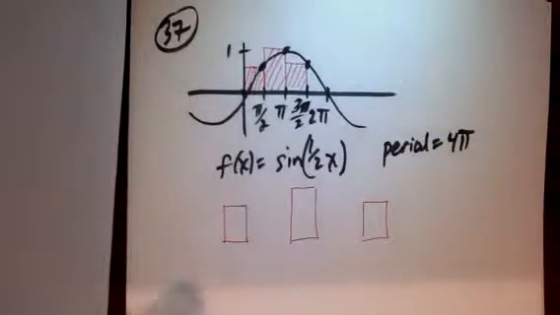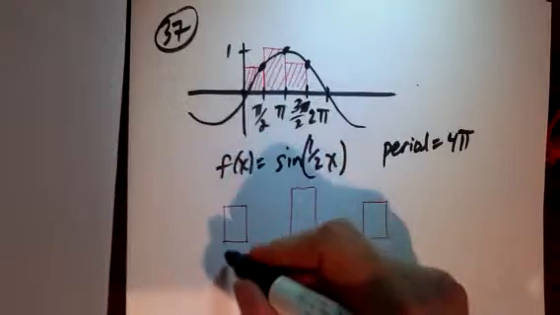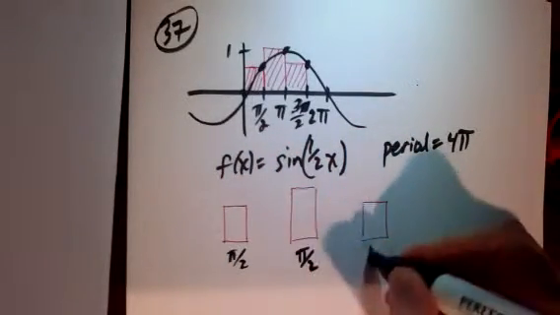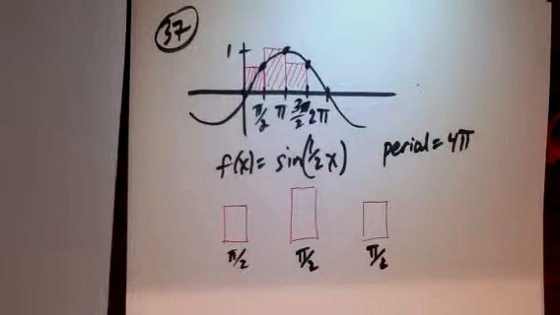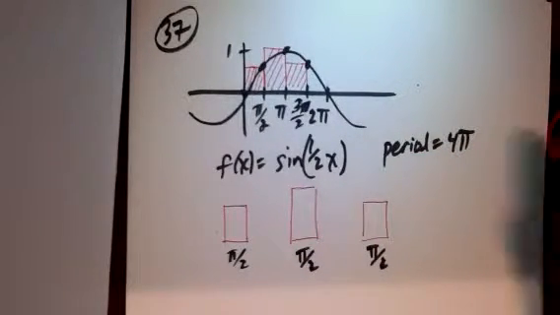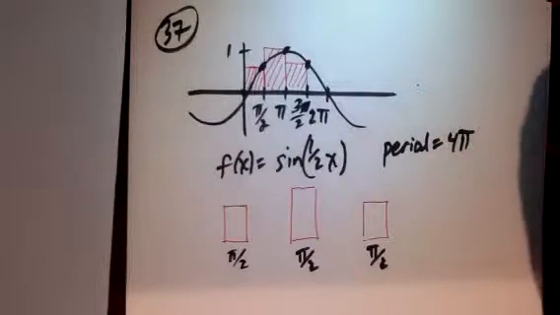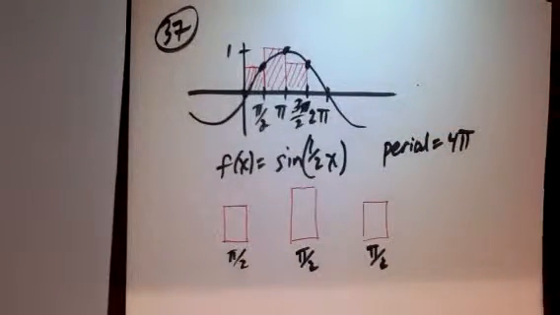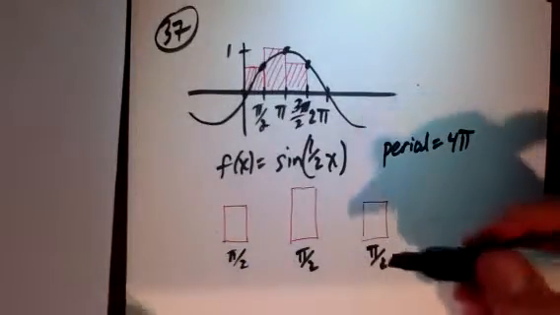And we want to find the sum of the area of the 3 rectangles. So we can simply calculate the area of each one, add them up, and that'll give us our answer.